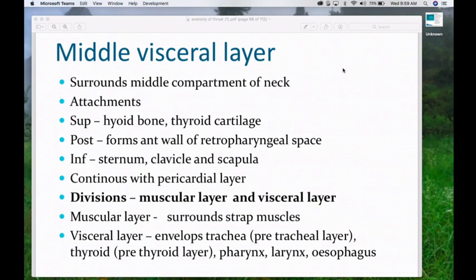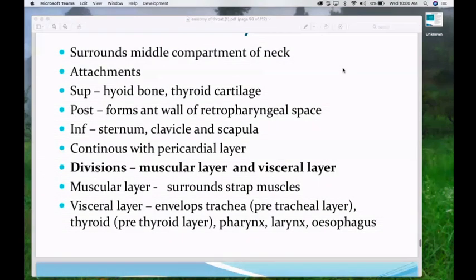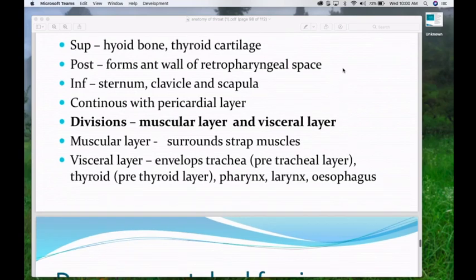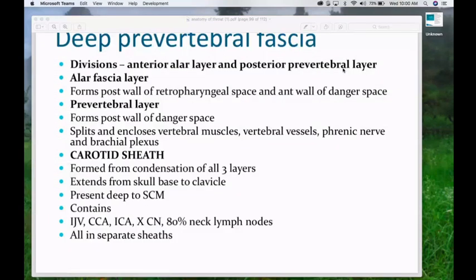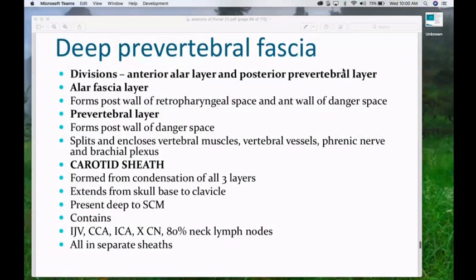Divisions are the muscular layer and visceral layer. The muscular layer surrounds the strap muscles, and the visceral layer surrounds and encloses the trachea, pretracheal layer, thyroid, prethyroid layer, and pharynx, larynx.